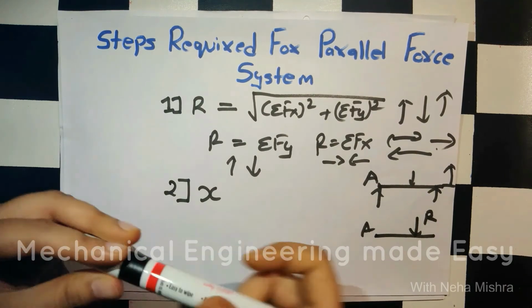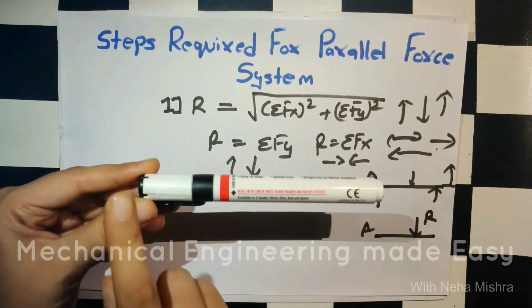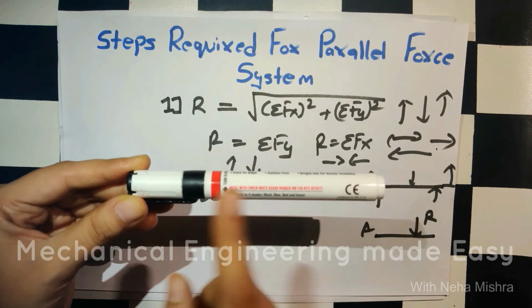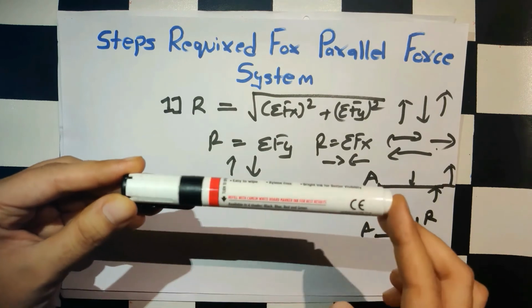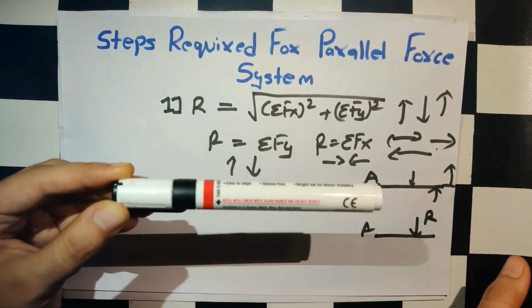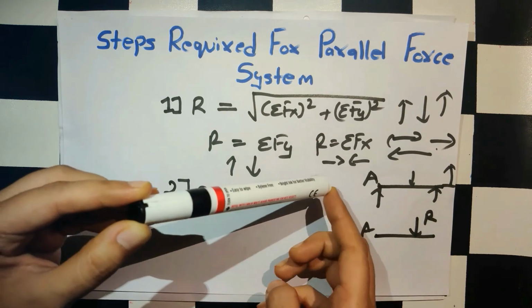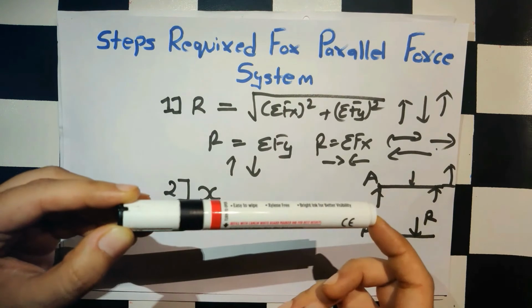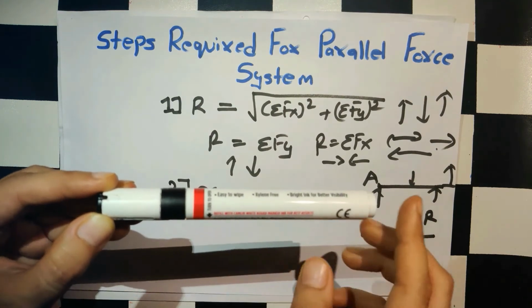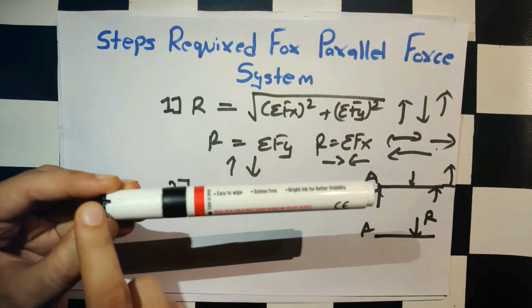I have explained before also. Suppose this was the bar and this is the point A, and before, all these forces were applied on this block and this block was moving in this direction. So when we remove all the forces and apply only the resultant force, again this block should move in this way only. It should not move more or less than that. It should give the same magnitude as all these forces were giving with respect to this A.